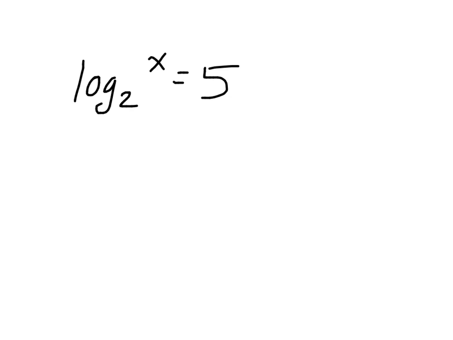Can I rewrite this so that the bases are the same? No. I cannot make a 5 into a 2 or vice versa. So therefore, what do I do to both sides? Log them.